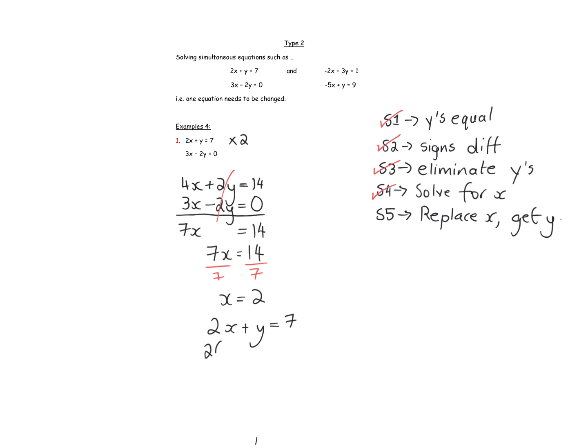So this becomes 2 times 2 plus y is equal to 7. 2 times 2 gives us 4 plus y is equal to 7. We can then take everything except the y to the right hand side. So we can minus 4 from both sides, which will leave us with y is equal to 3. So then the point where these lines intersect is 2, 3.